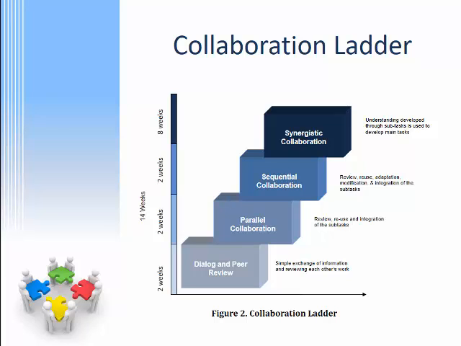This is followed by 2 weeks of sequential collaboration involving review, reuse, adaptation, modification, and integration of subtasks. 8 weeks of assignments involving synergistic collaboration promote students to work on the highest level of combined task using understanding of the individual subtasks. Assignments are also designed accordingly.